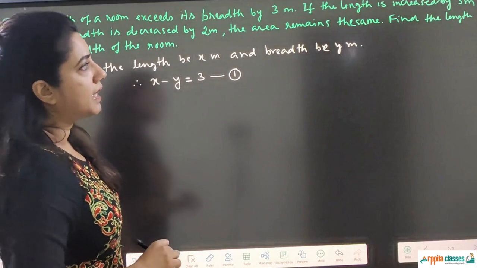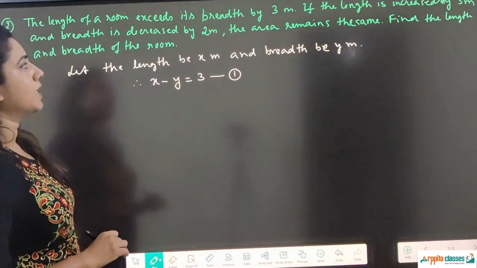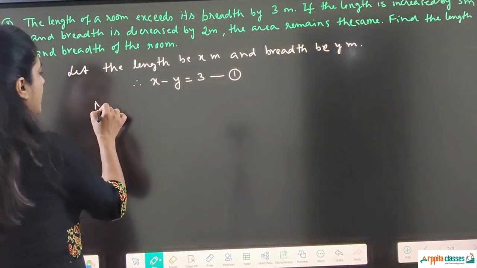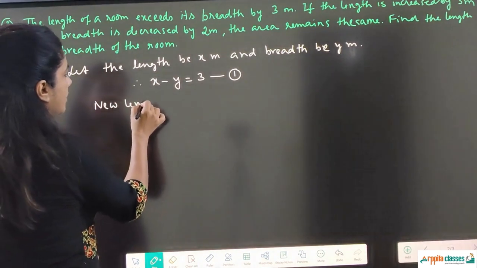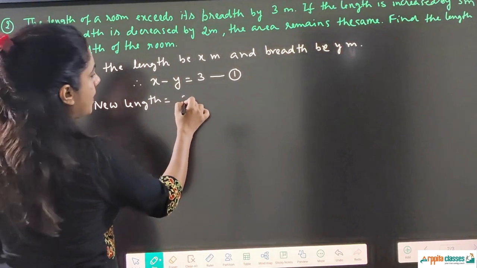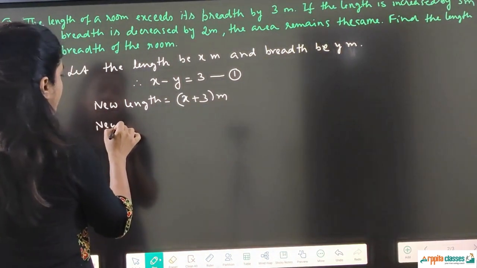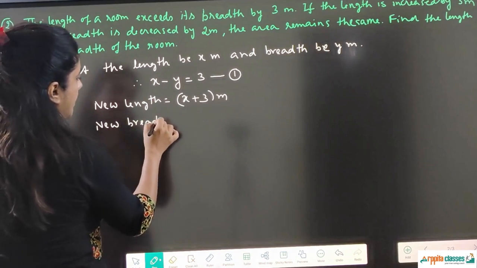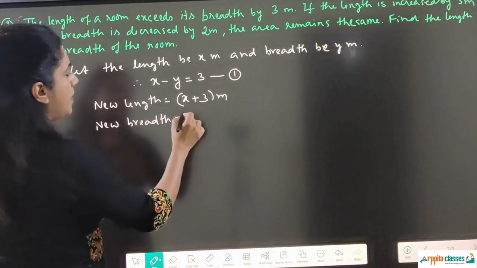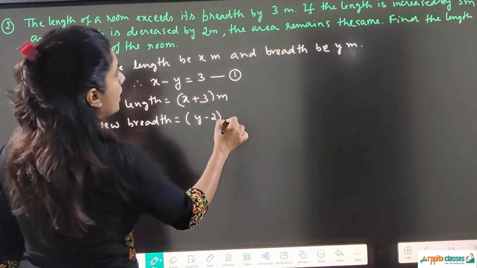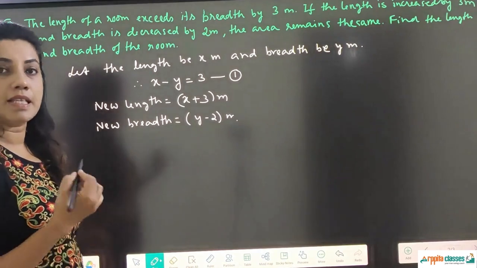If the length is increased by 3 meter and the breadth is decreased by 2 meter, that means the new length is increased by 3 meter, so x plus 3 meter, and the new breadth, they are saying breadth is decreased by 2 meter, so y minus 2 meter. The area remains the same.